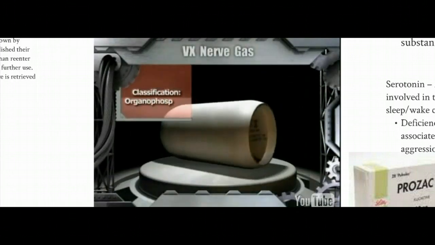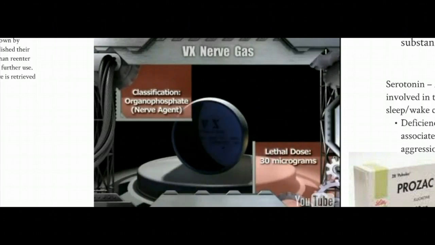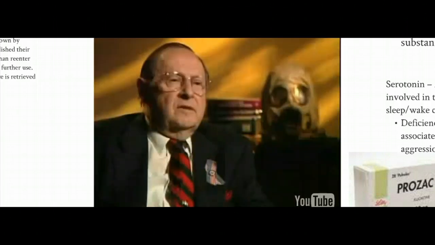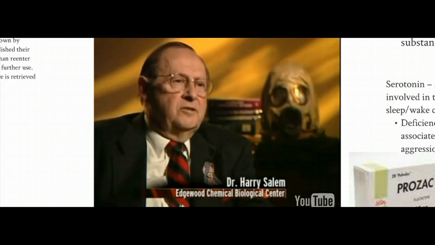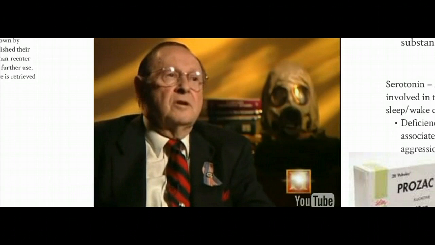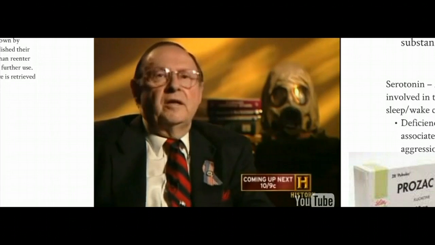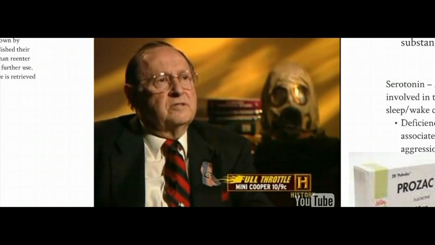Classification organophosphate. Lethal dose 30 micrograms. The organophosphate type of chemicals are considered nerve agents because they attack the nervous system. The nervous system controls all the functions of the body, and so by interrupting or stimulating that, you get all these various effects.